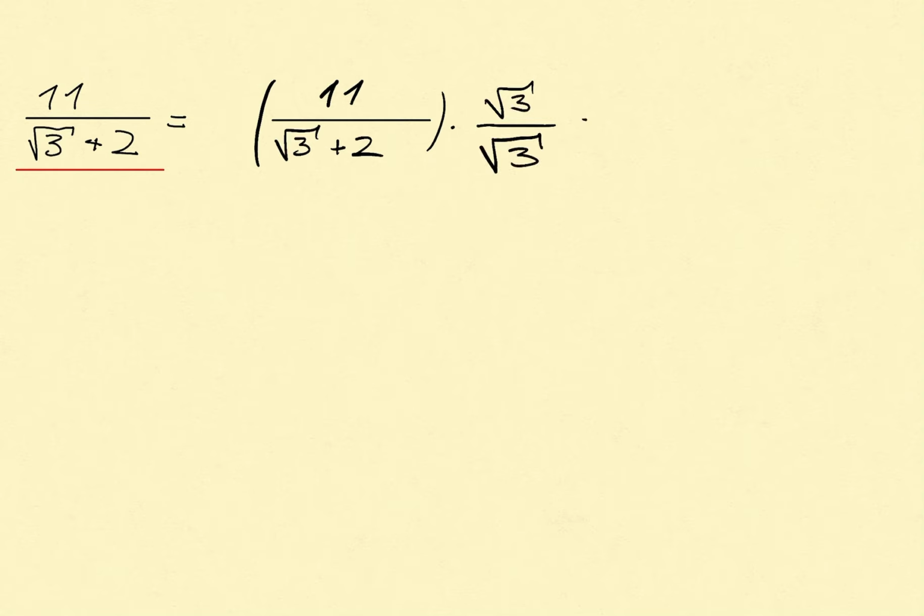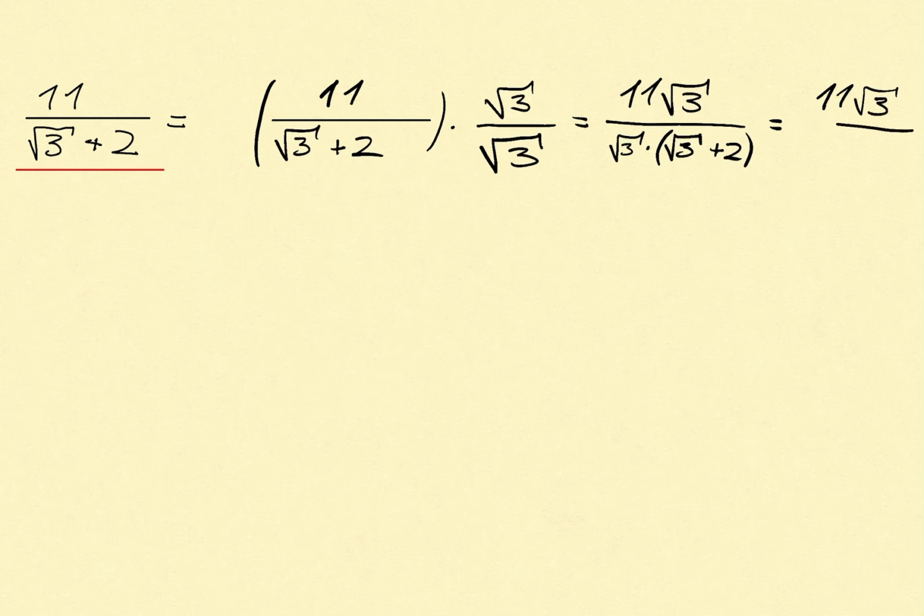Now, if we did this, we would get 11 square root of 3. We're multiplying the numerator and then the denominator also by square root of 3, sorry. So we would have square root of 3 times square root of 3 plus 2. Okay? You could say, okay, it's fine, but in the end, we would end up with something like this.